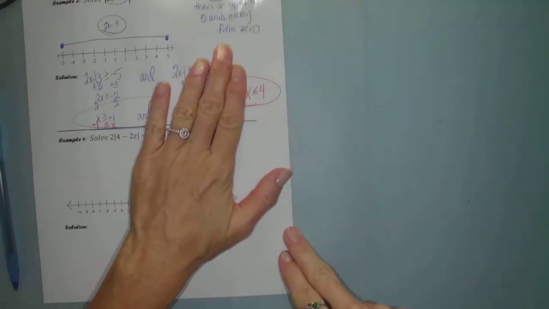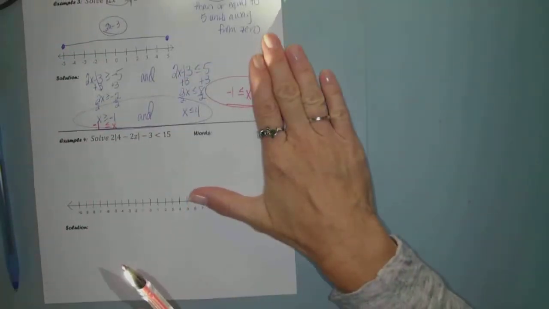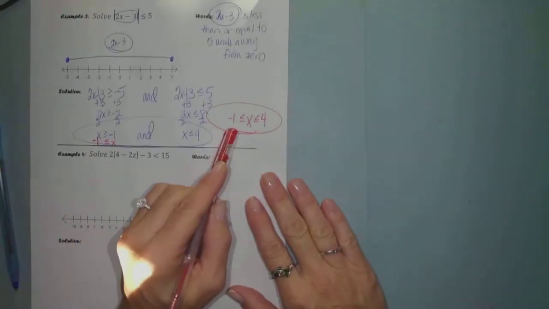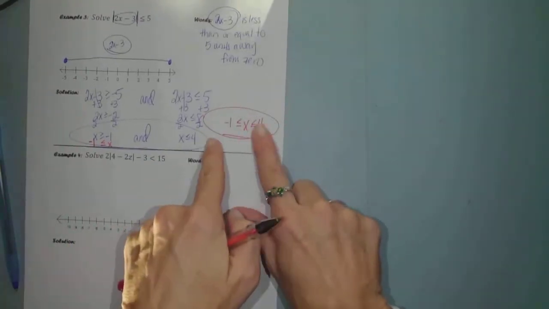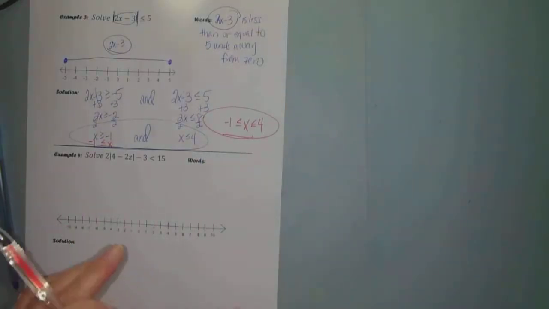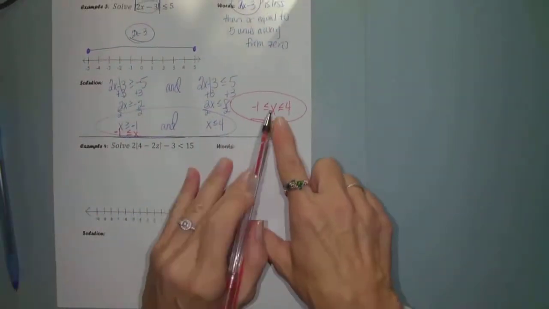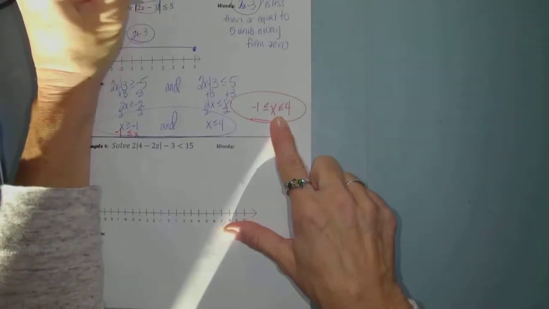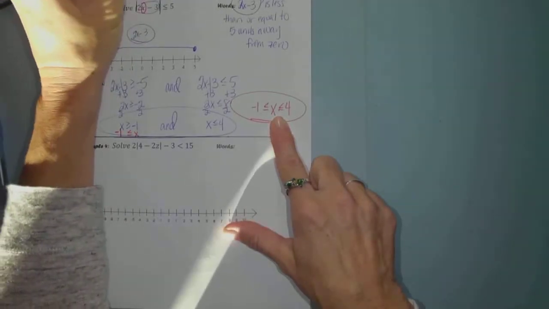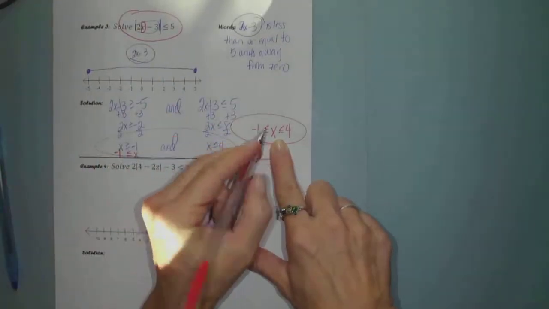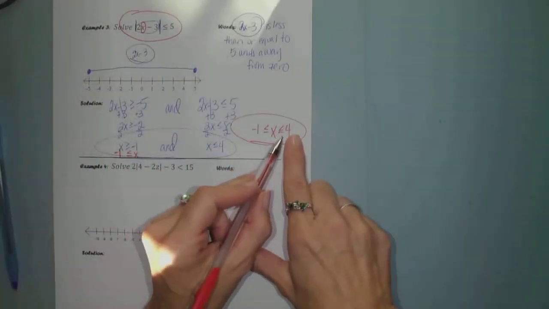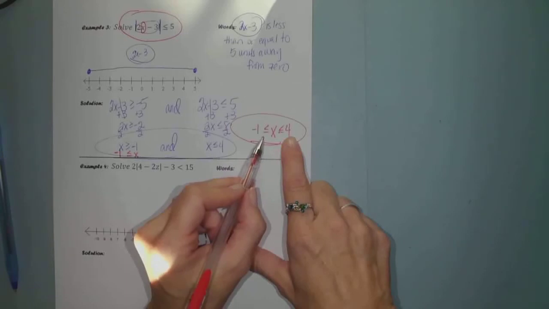We're less than or equal to 4, but we're greater than or equal to negative 1. Small number, larger number, x in the middle, signs point left. And again, this just means that the x values that you can plug right here and have this whole inequality be true have to be between negative 1 and 4 inclusive.